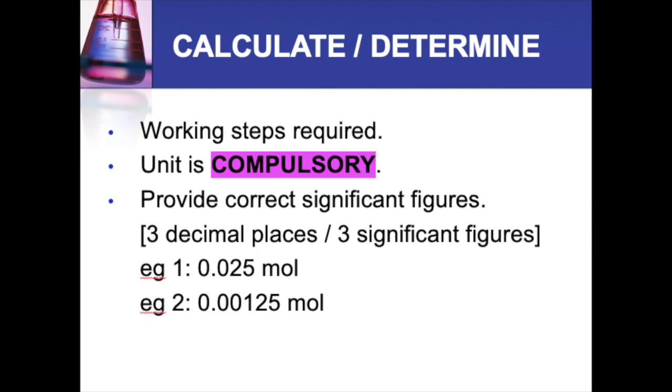Maybe when they read the calculator says 0.05 for example, but in their answer they write 0.5. If you have working steps, the examiner is able to help you check your answer from your working steps. It will be a little bit safer when you put in your working steps.